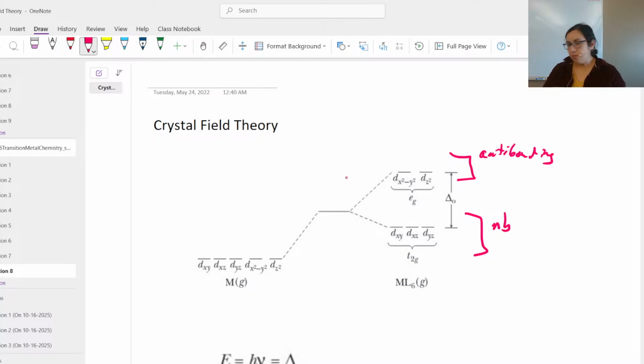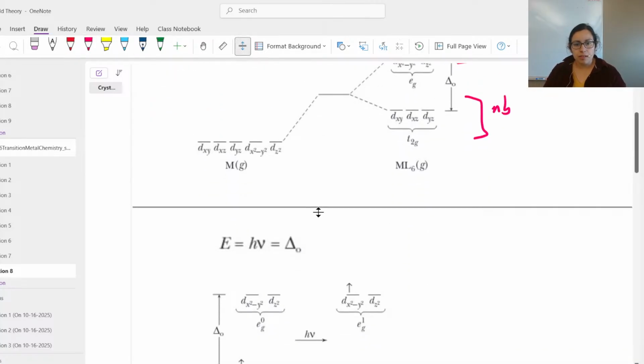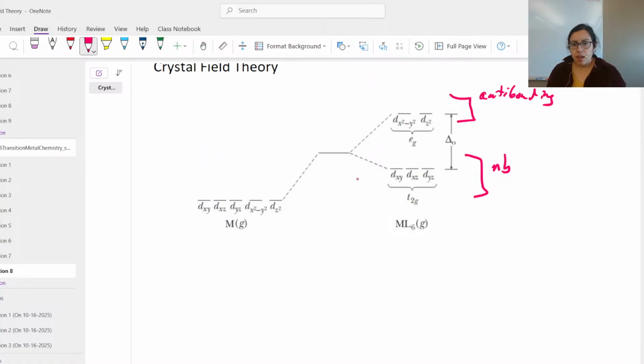So they may not be filled, or it's less favorable to fill them. Non-bonding means that they have no pairs, and it'll make more sense as we look at this in more detail.